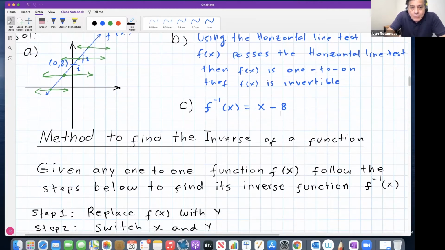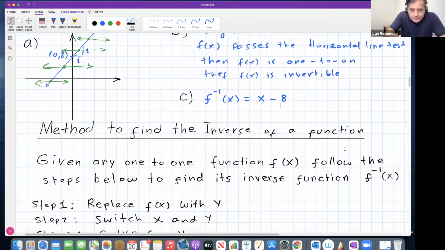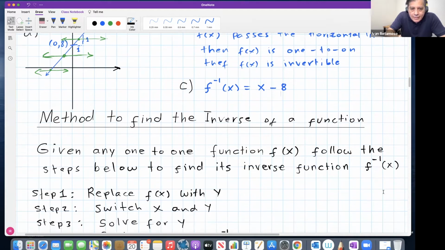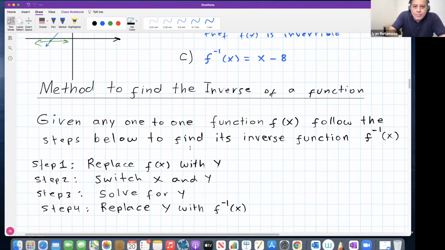So, method to find the inverse of a function. Given any one-to-one function f of x, follow the steps below to find its inverse function, f inverse of x, right? Remember, f inverse of x. First step, replace f of x with y. Very easy step. Step 2, switch x and y.